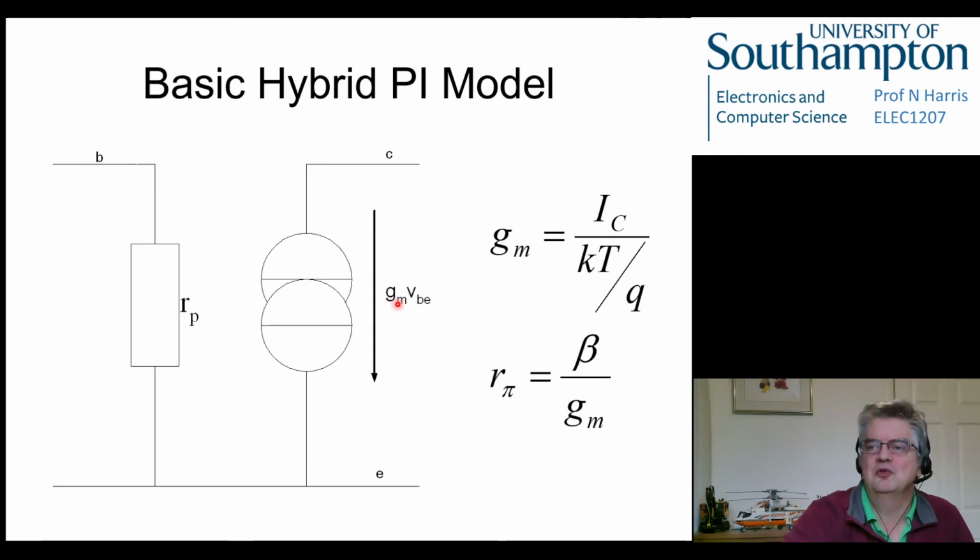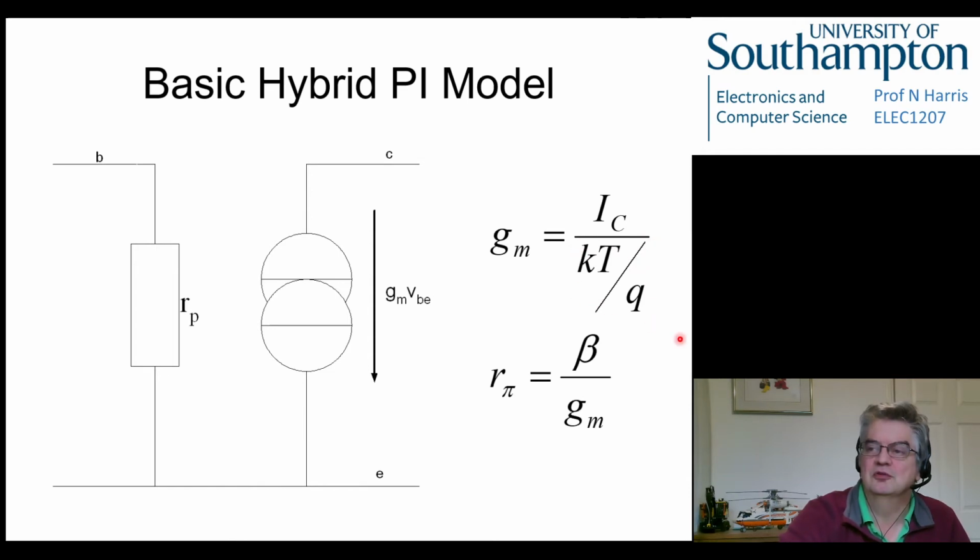And these two parameters, GM and R pi, are defined by these relatively simple equations. GM is equal to IC, which is a fixed value from however we've set the bias conditions up, divided by some constant, KT over Q, and we normally define this as being 25.3 millivolts. If we take the standard value of K, which is Boltzmann's constant, and T, the absolute temperature, and Q, the charge of an electron, I actually worked that out.